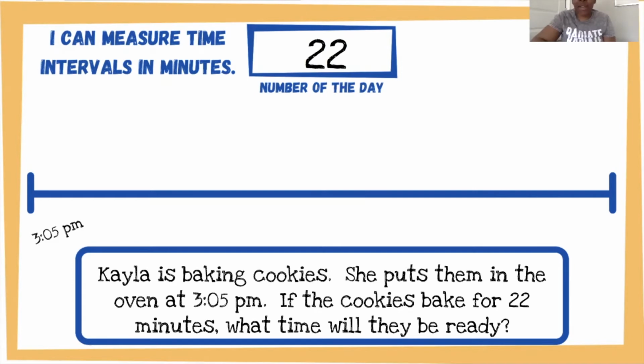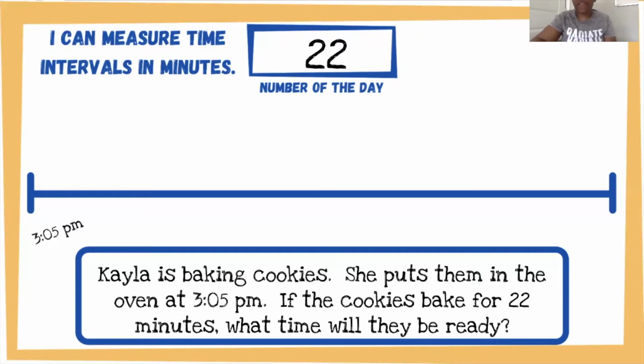The first thing I want you to think about is whether or not the time is going to be before 3:05 or after 3:05. Are we looking for a time that is earlier or a time that is later? You got it. We're looking for a time that is later than 3:05 because the cookies need time to bake.